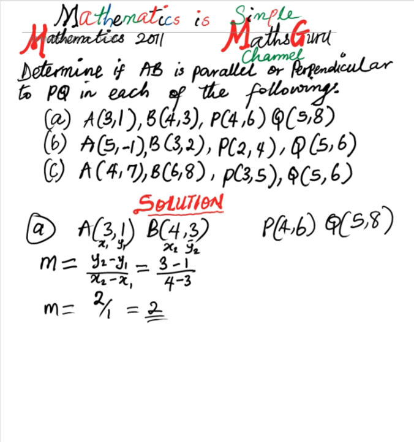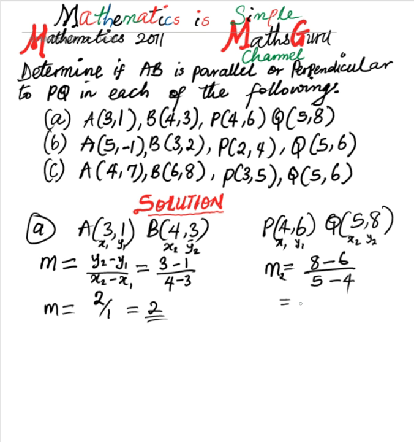Now let's take a look at the gradient of PQ. The gradient of PQ is taken the same way, with y2, y1, x2, x1. So the gradient of PQ will be equal to 8 minus 6 over 5 minus 4.